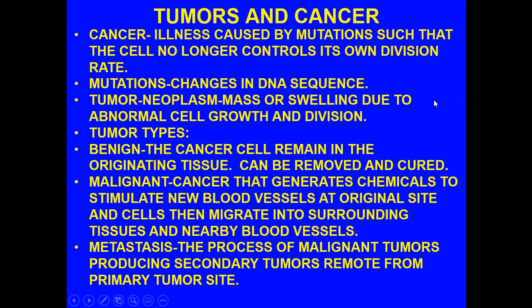So we've been talking about all the normal cell behavior, and we do have to get familiarized with a couple of terms talking about abnormal cells. Everybody thinks of cancer. Cancer is an illness caused by mutations that eventually lead to the cell no longer controlling its own division rate. Now, what you have to think about is it's not just a matter of the cell turning weird or doing certain weird things. It's the fact that the cells do not control the division rate.